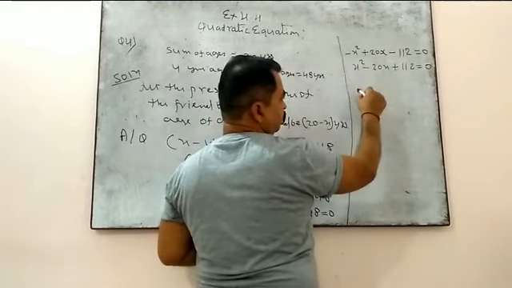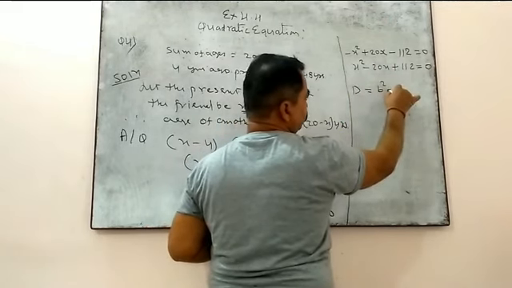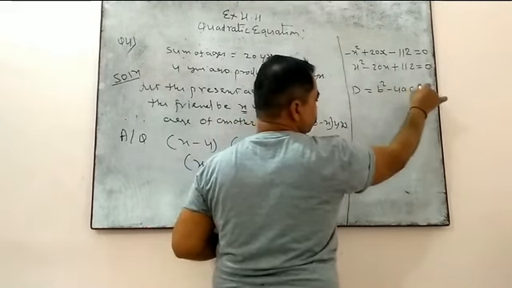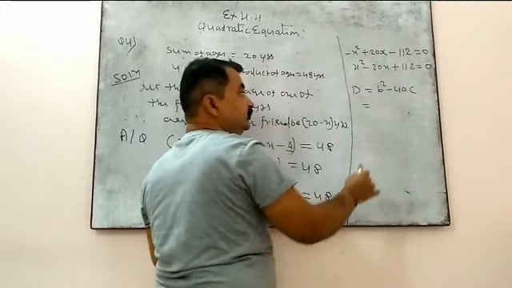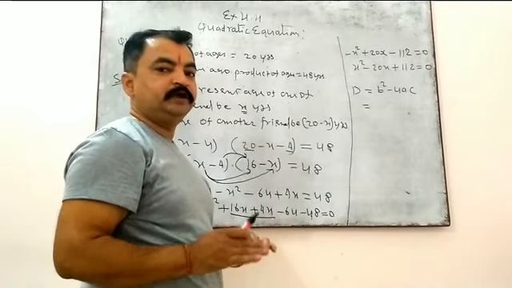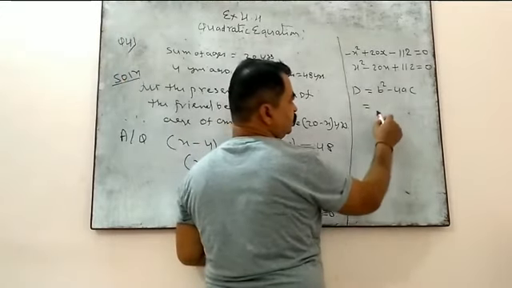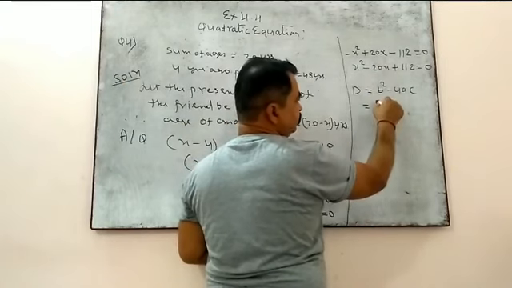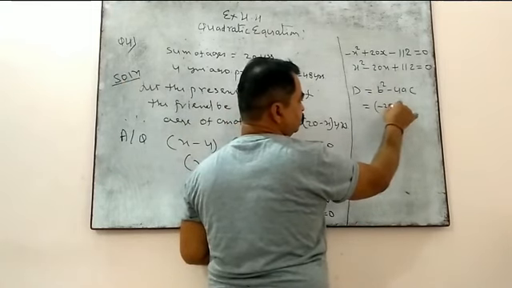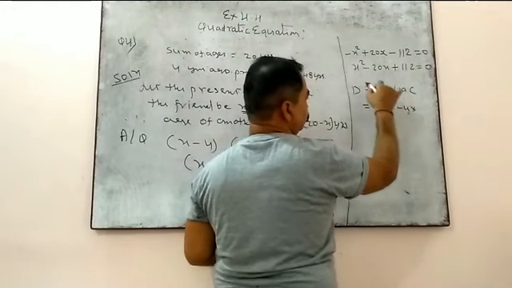Right. Now find the discriminant. What is D? D is b square minus 4ac. The discriminant only will decide whether the given situation for the given statement is possible or not. Now what is b? You can see here b is the x coefficient, that is minus 20, square. 4a: what is a here?